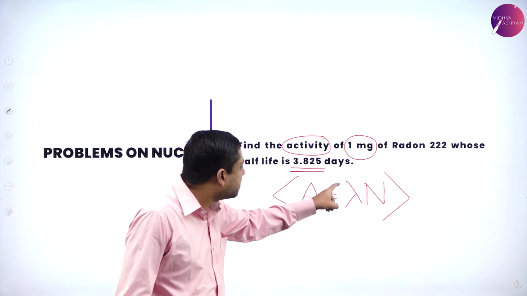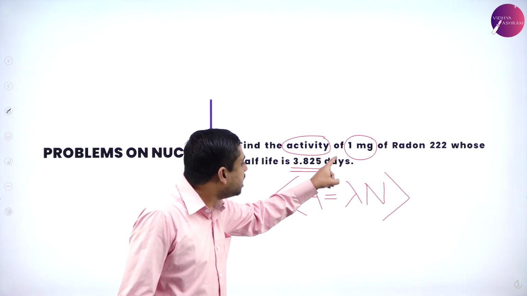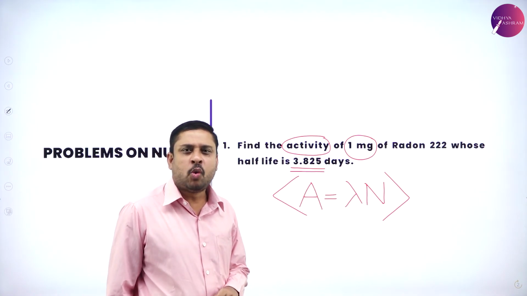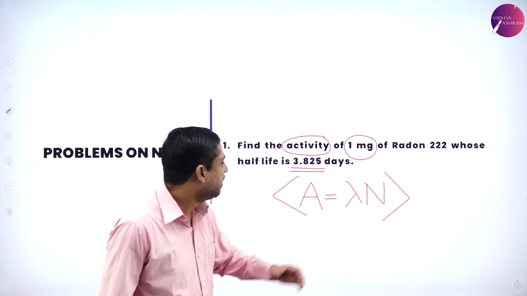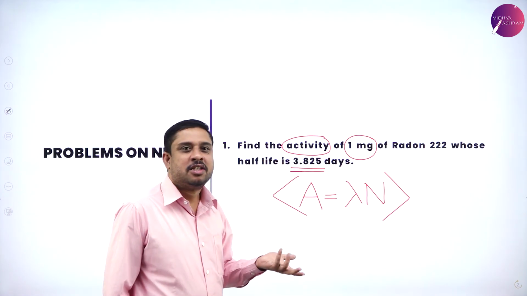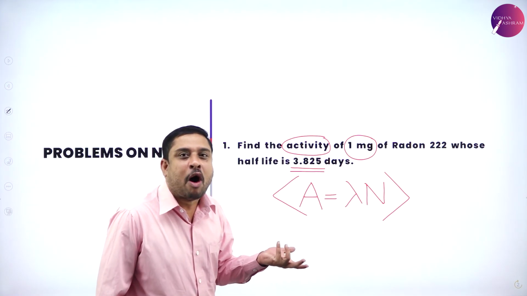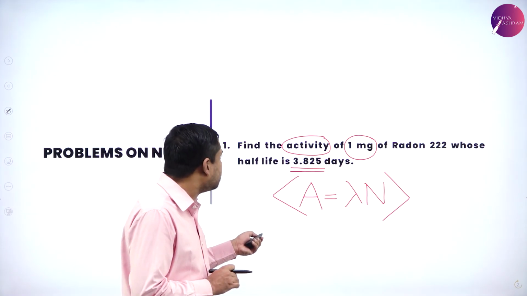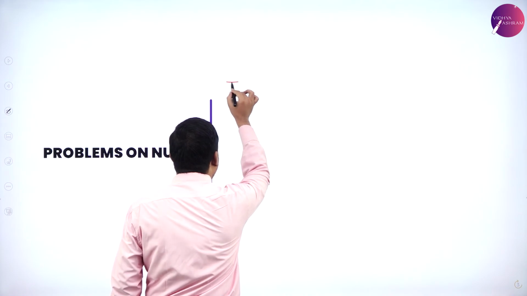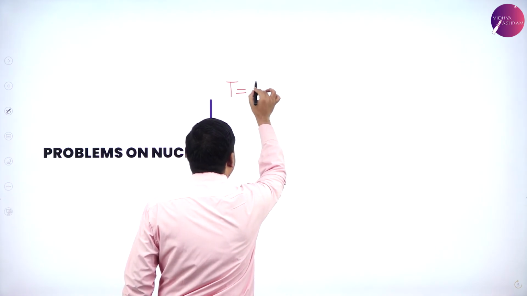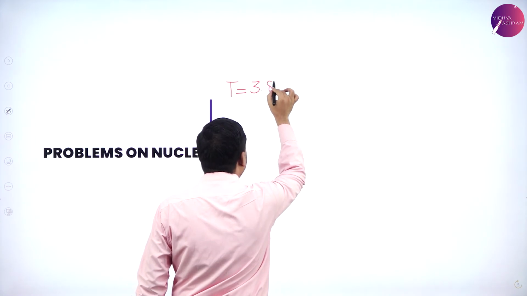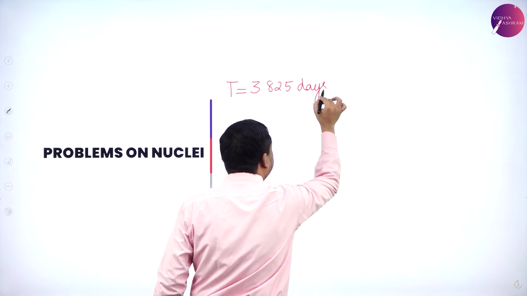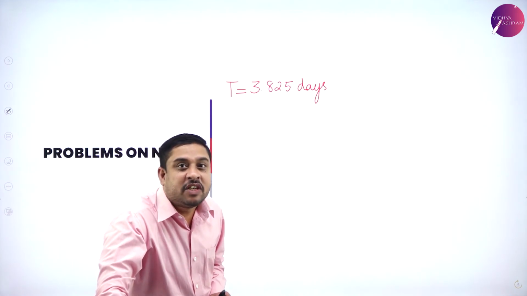So, my first attempt here is to find out lambda. How do I find out lambda? I know the half-life, so lambda is 0.693 by T. The problem says half-life T is 3.825 days. Now observe the data.